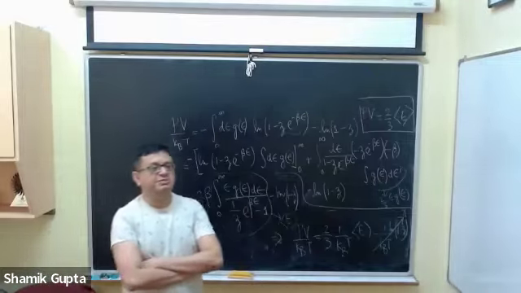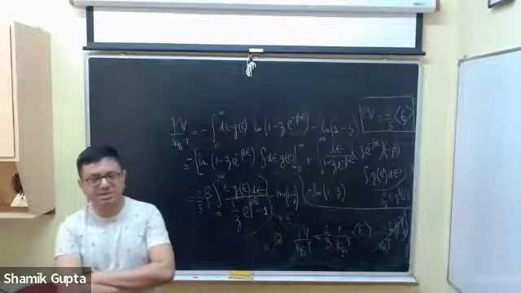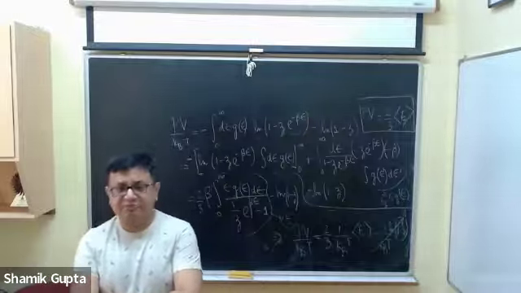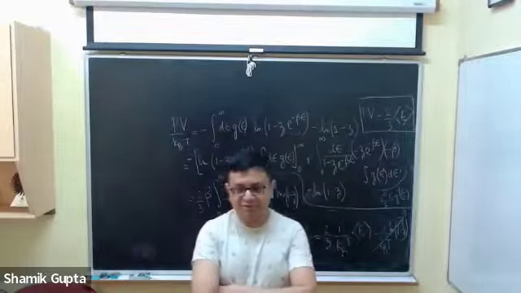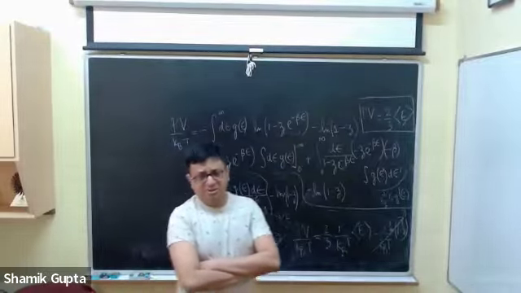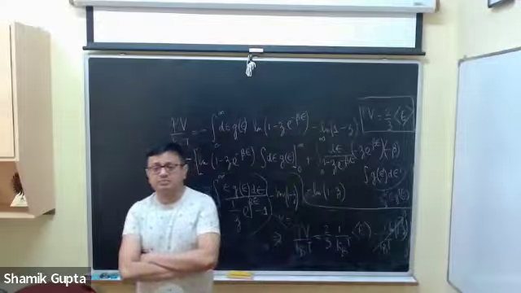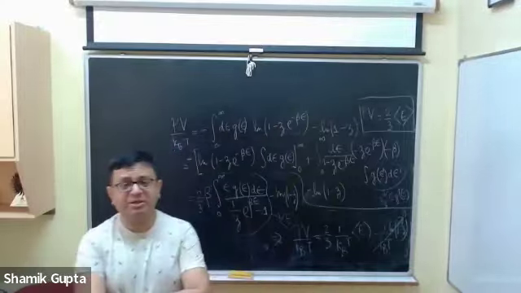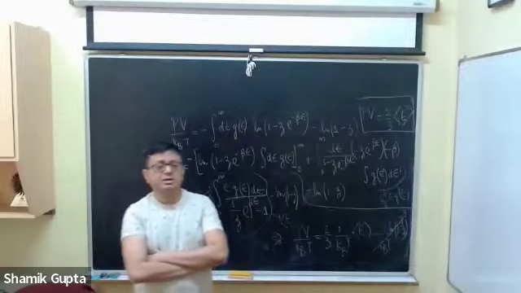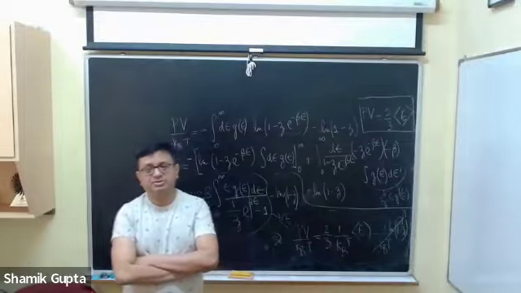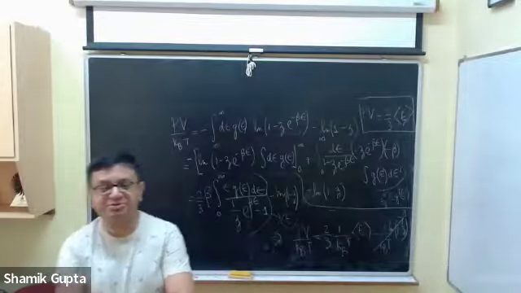Then we did the computation of the partition function for an ideal gas. Ideal meaning that there is no interaction between the particles. The particles are non-interacting, so the Hamiltonian of the system comprises only the kinetic energy contribution. There is no potential energy contribution.